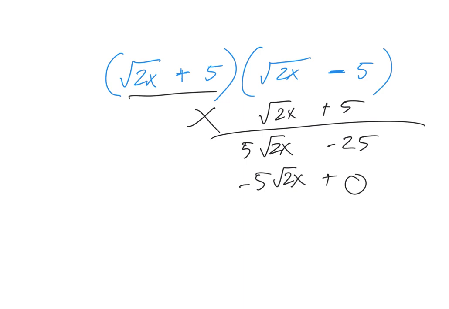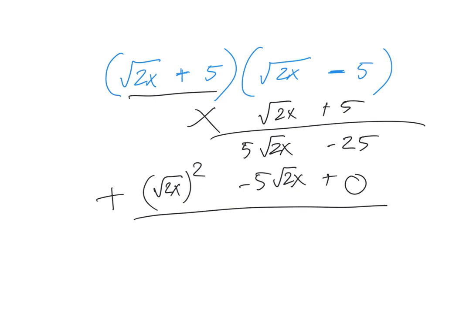And by the way, it's a plus 0. It can be a minus 0. It doesn't really matter. Can't subtract 0 and add 0 and get a different number. All right, and then square root of 2x times square root of 2x. So it's square root of 2x squared. And then we're going to add these up. Negative 25. That middle term adds to 0. 5 root 2x, negative 5 root 2x.